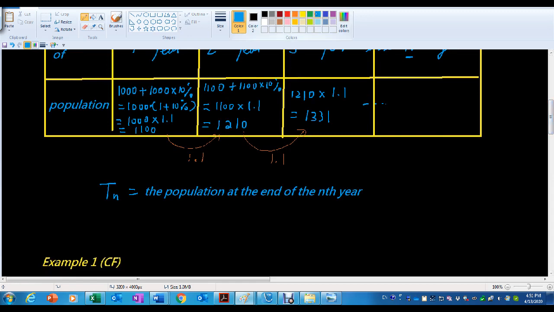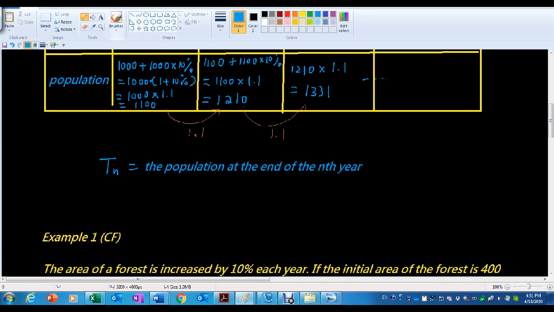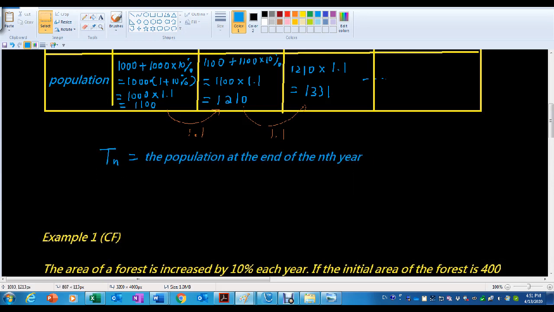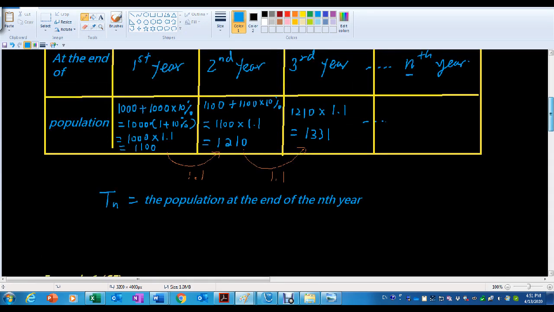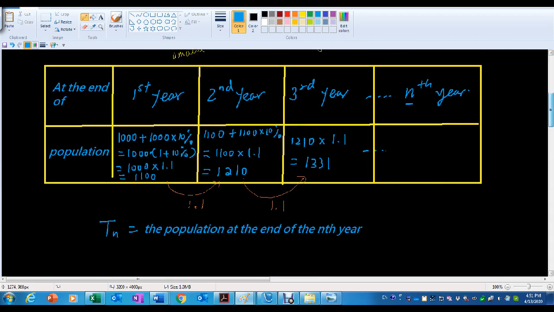Basically you see that's a GS, but what's the term you start with? Do you start from the first, T1? No, because T1 here is the population at the end of the first year.